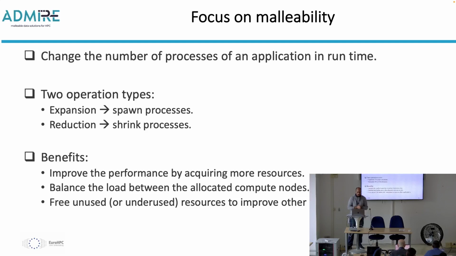Then the processes can adjust their load in runtime. If, for example, the load is unbalanced, we can use FlexMPI in order to balance this load. And if an application has compute-intensive phases, and then, as Jesus has said, starts an I/O phase, for example, they can free some computational resources in order to allow other applications to use them. If I don't need computational resources because I'm doing I/O, maybe I could free these resources for other applications.